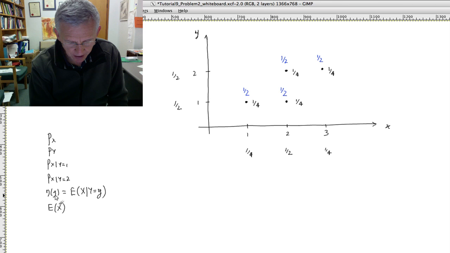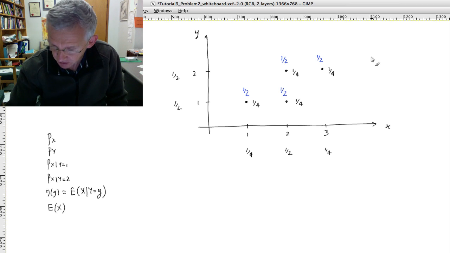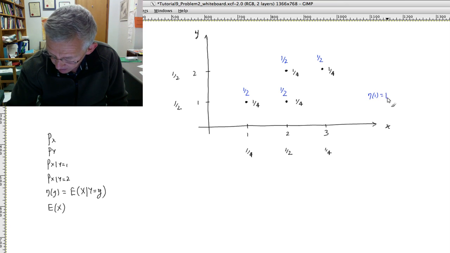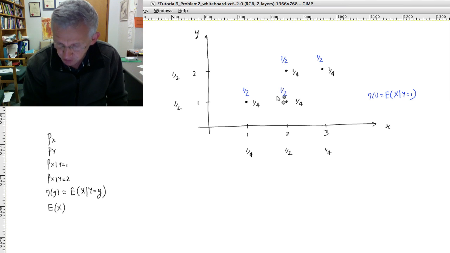Let's think now about eta of y. That's just the mean of each of the conditional distributions. So if we think about fixing y to be 1, eta of 1 is just defined to be the expected value of x given that y is equal to 1. It's the mean of this blue conditional distribution.